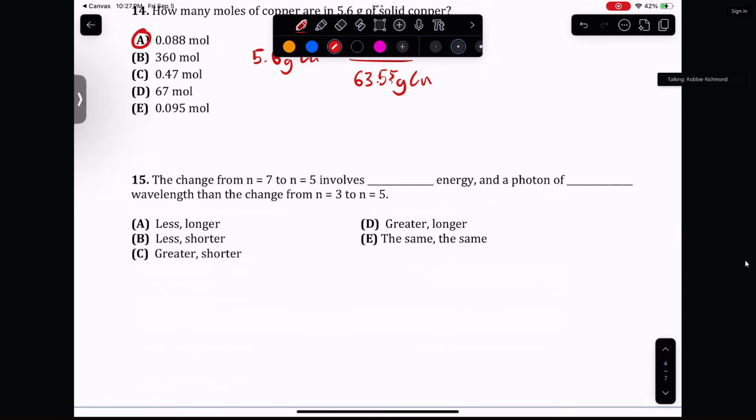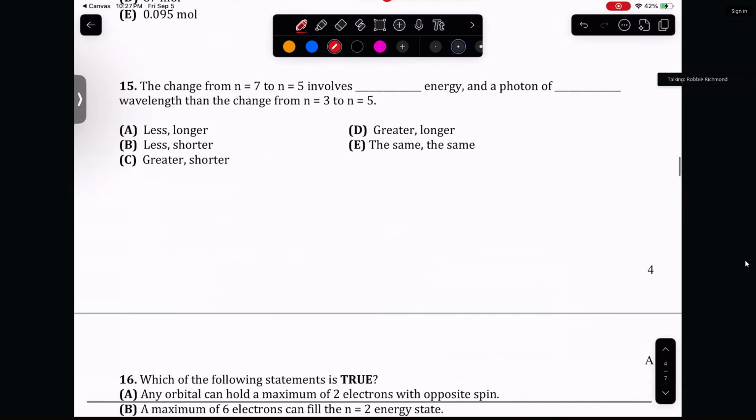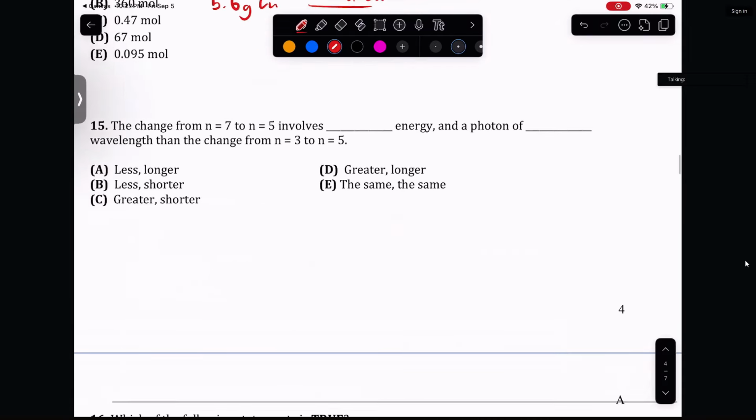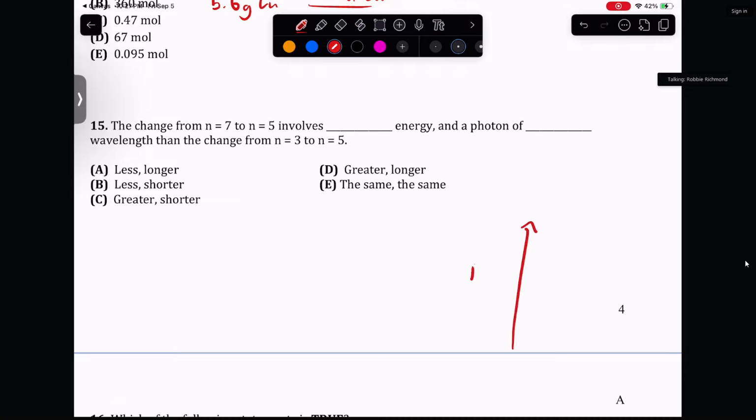Cool. A change from n equals 7 to n equals 5 involves blank energy and a photon of blank wavelength, then a change from n equals 3 to n equals 5. Let's just recap what this orbital energy diagram looks like. It has a big up arrow, E is here, and it has each of our n principal quantum numbers labeled out.